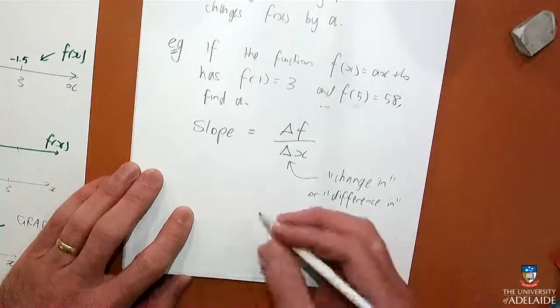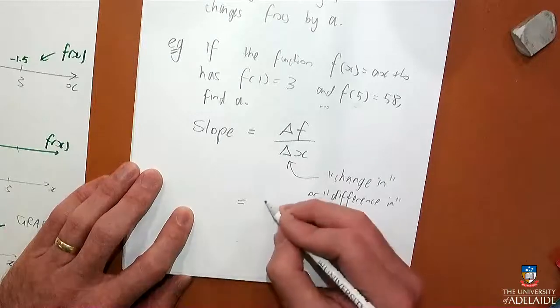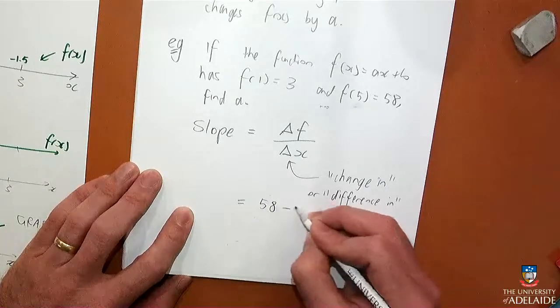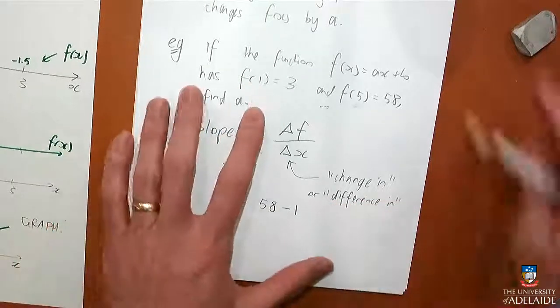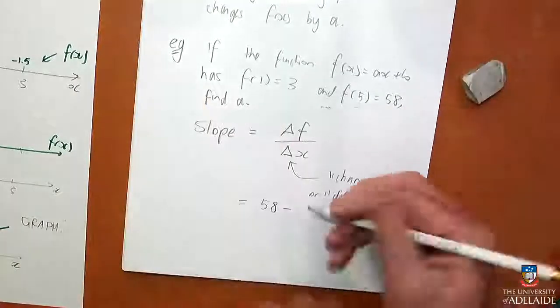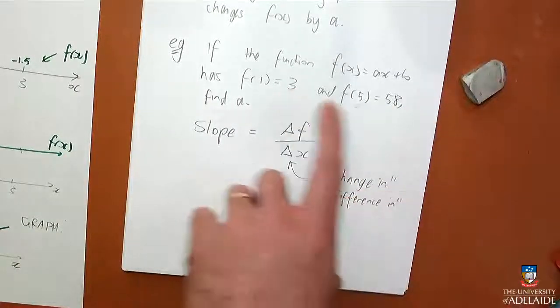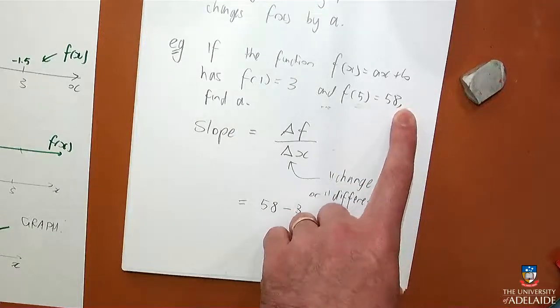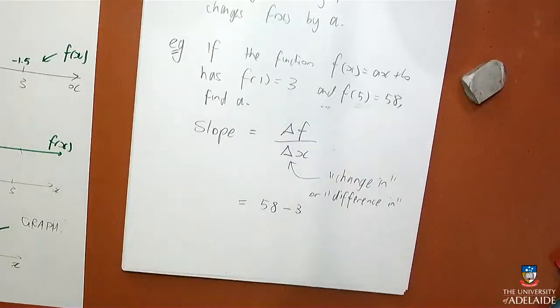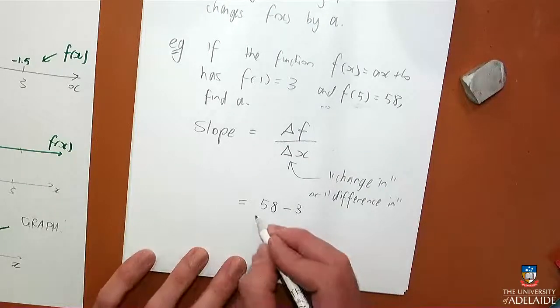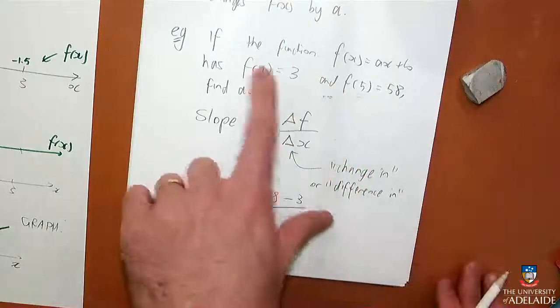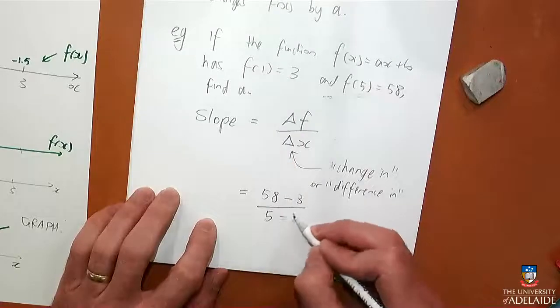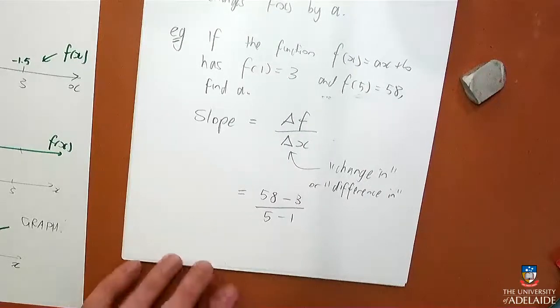So between these 2 points, the change in f, well, sorry, it went from 3 up to 58, which means that the change is 58 minus 3. And the x went from 1 up to 5, so the change in x is 5 minus 1.